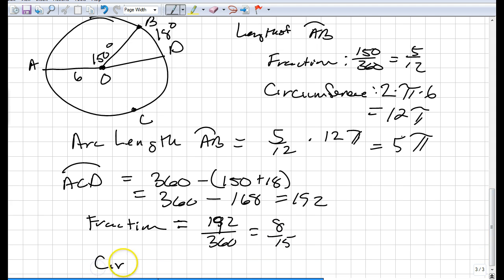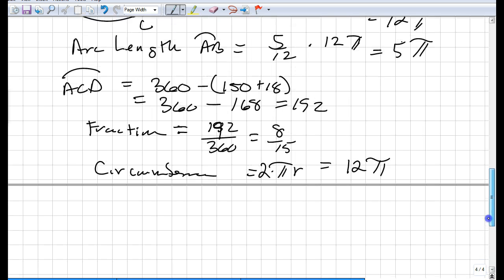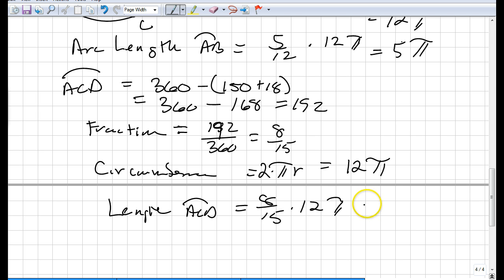Then I need circumference. So circumference is 2 pi r, and we got earlier that that was 12 pi. And now to find the length of that arc, it's going to be the fraction times the circumference, which comes out to 32 over 5 pi.